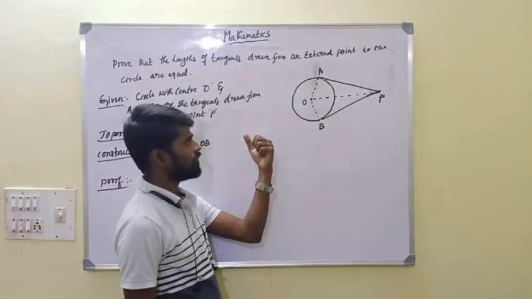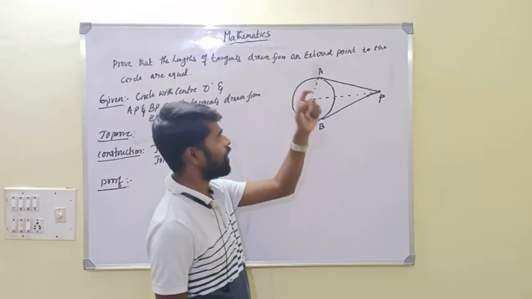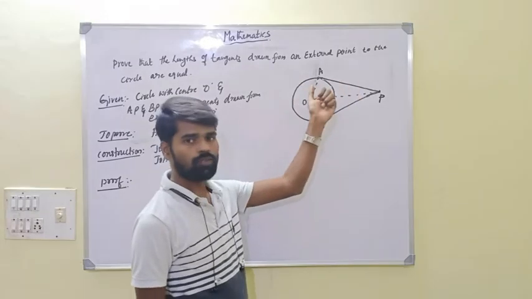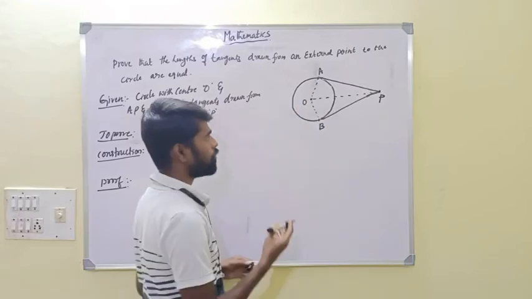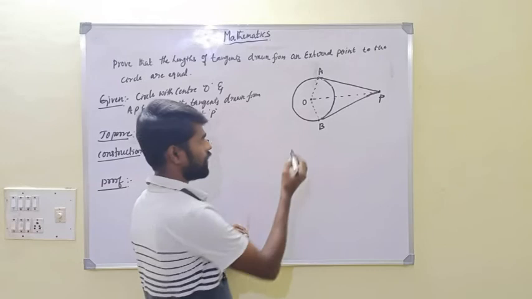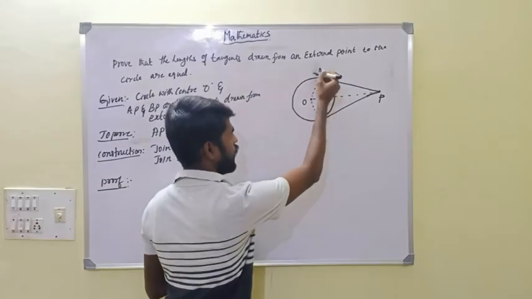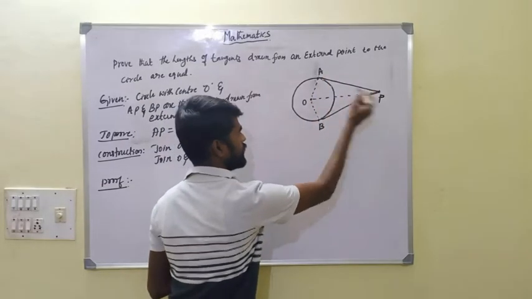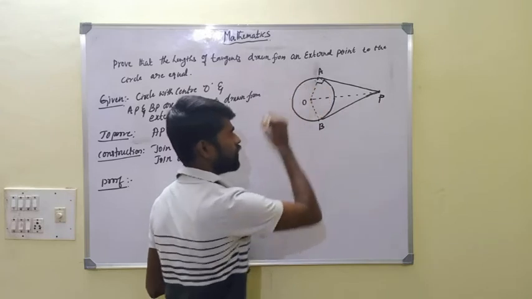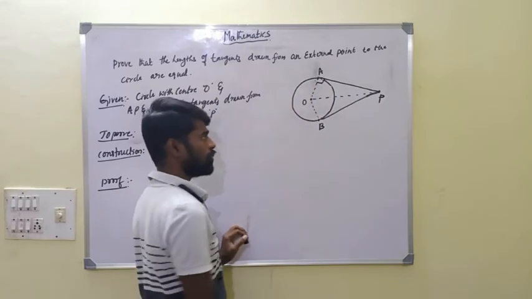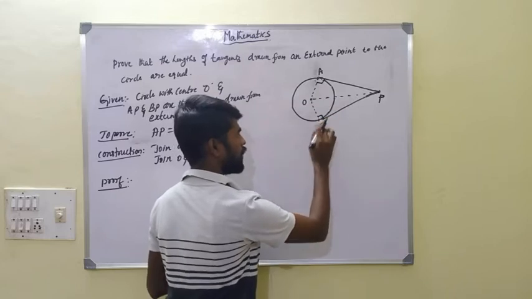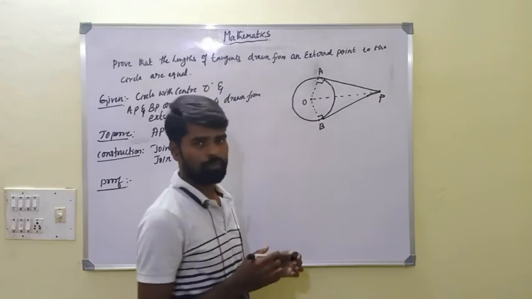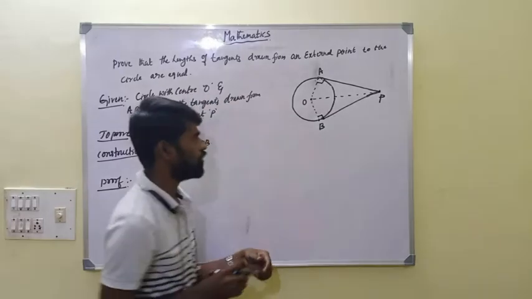In the previous class we learned that the radius and tangent drawn to the circle are always perpendicular. Perpendicular is nothing but 90 degrees. So radius OA is perpendicular to tangent AP. So we can write 90 degrees. Similarly, radius OB is perpendicular to tangent BP. Understood?